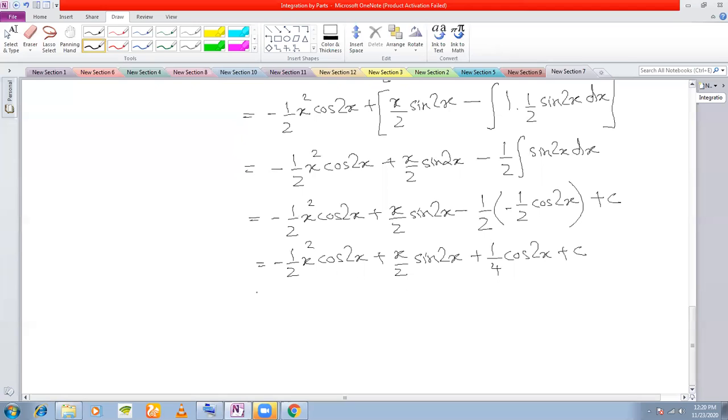But if you want to simplify, what you can do is take 1/4 common. Let's take minus 1/4 common to keep the first term positive. Minus 1/4, if you take common, what are you going to get? You're going to get 2x square cos 2x, right? Plus 2x sine 2x. In fact, minus sine 2x. This should be minus because we are taking a minus sign outside.